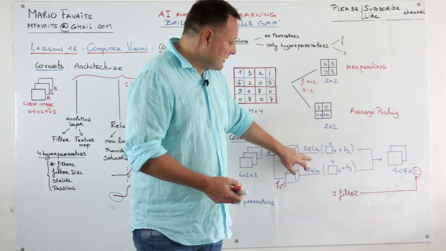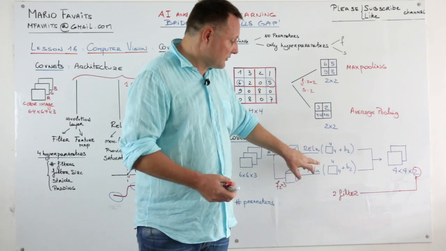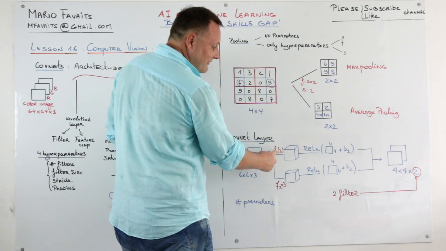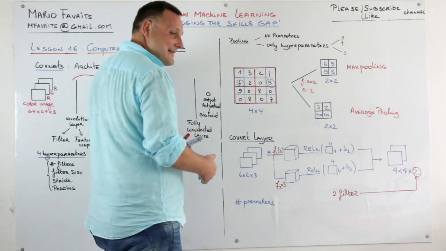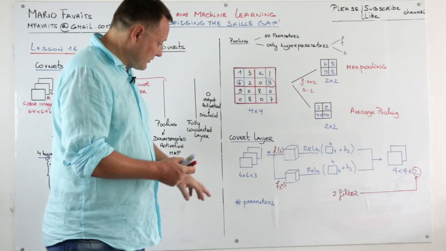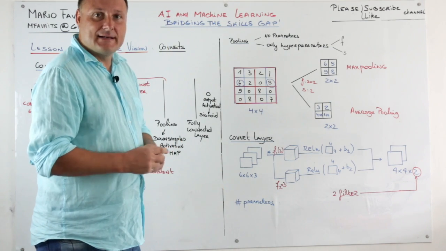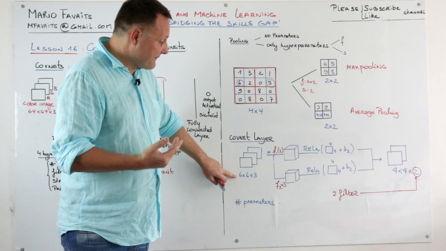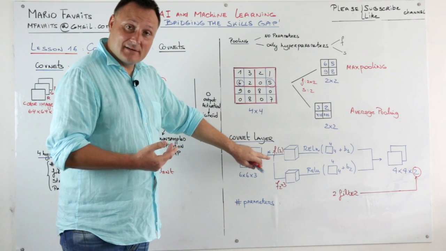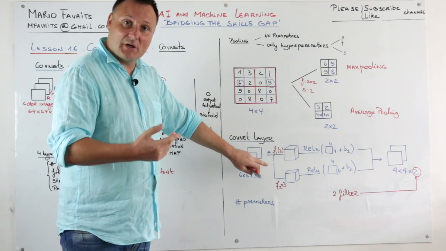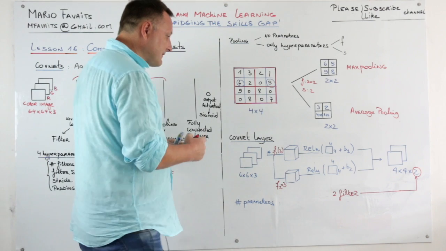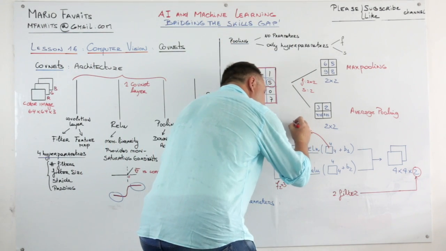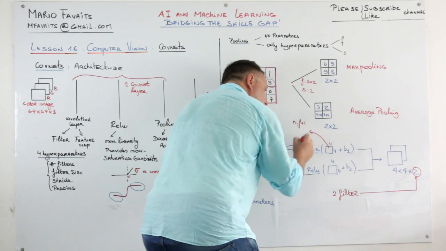And then we're going to activate the output with a ReLU. The output of that filter is a 4 by 4, coming from a 6 by 6. Its N is 6 minus F is 3. 6 minus 3 is 3, plus 1 is 4. Remember, this comes from N minus F plus 1.